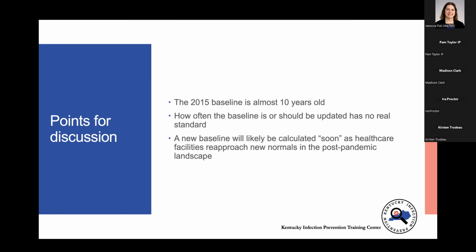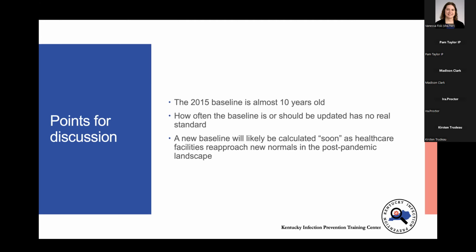So I believe originally the CDC was looking at using 2020 for calculating a new baseline. And obviously, since that's when the pandemic started, that would not be a very good year to make a new baseline. Interestingly, if you think about it from a statistical standpoint, a higher infection rate and higher device utilization rate would actually make subsequent years look better, because if your baseline was very high, then everything will look better.